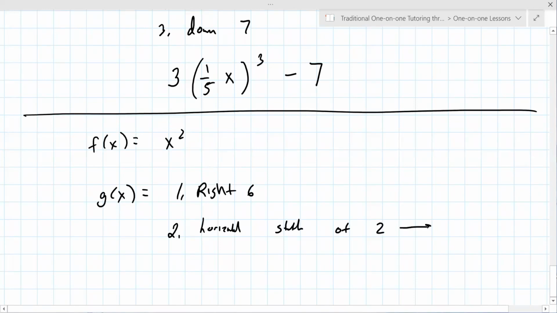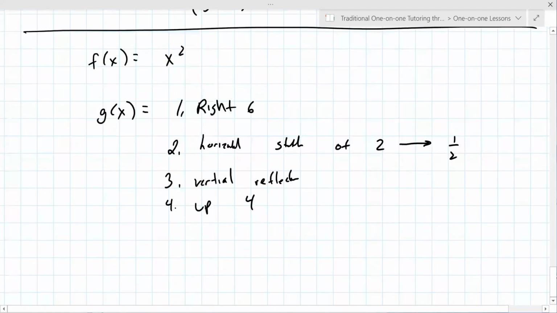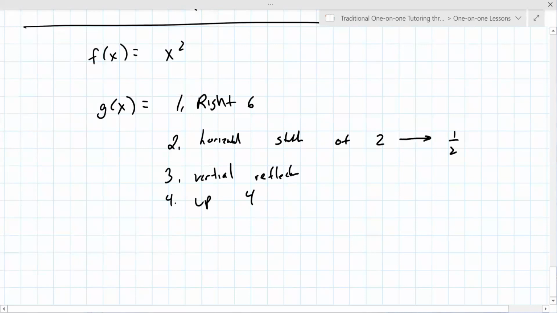So that really means it becomes a 1/2. You wouldn't get that on the exam, but then it would say vertical reflection, and then we'll go up 4. So give that a try, please.